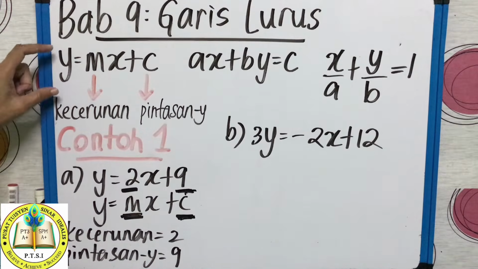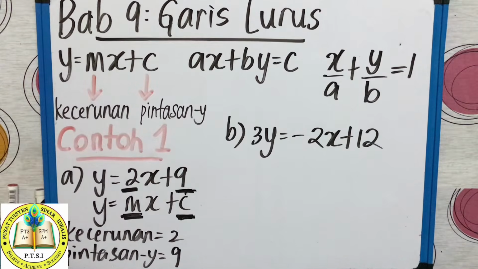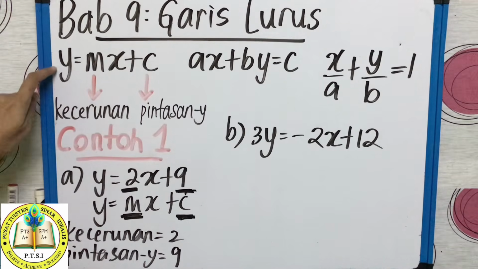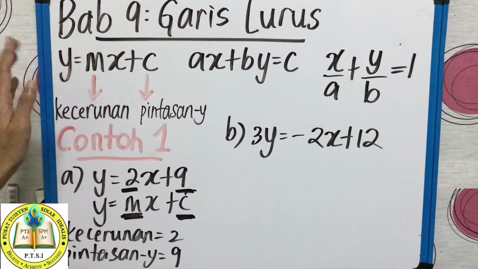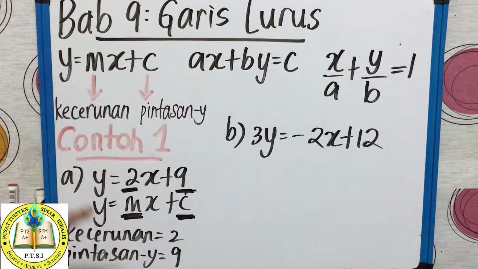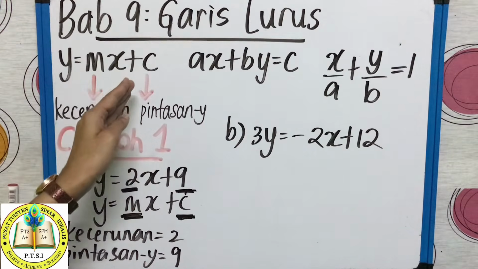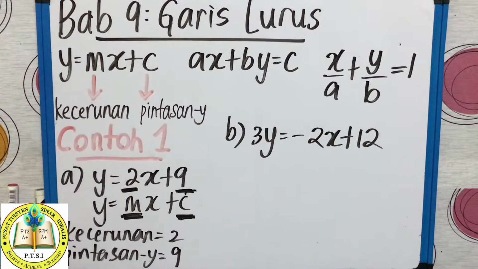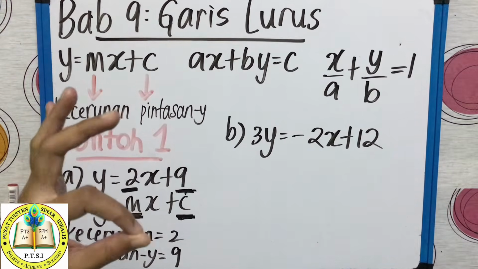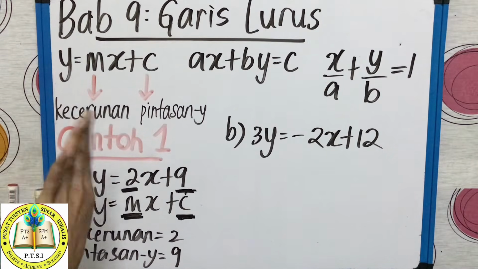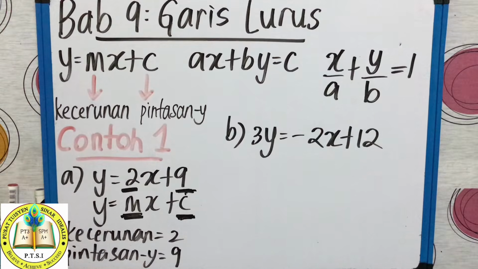And the y tak perlu ada apa-apa nombor. There should not be any numbers. Just y. Y tu apa? 1y. Yang lain semua sebelah kanan. Equal, x, tambah, nombor. Yang tu semua sebelah kanan. But the rules is the y must be on your left side.